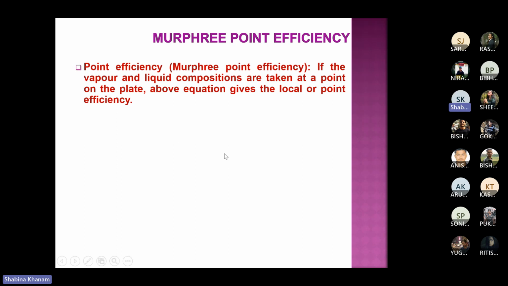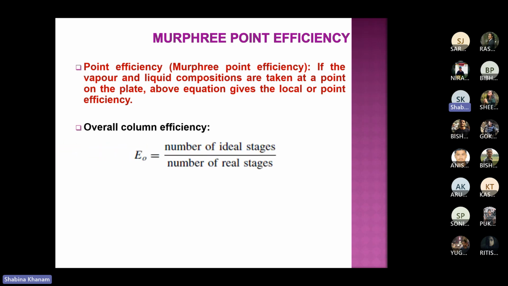If the vapor and liquid compositions are taken at a point on the plate, the above equation gives the local or point efficiency. Overall column efficiency is ideal trays by real trays; the division of these two gives the overall column efficiency. So these three definitions you have read so far.